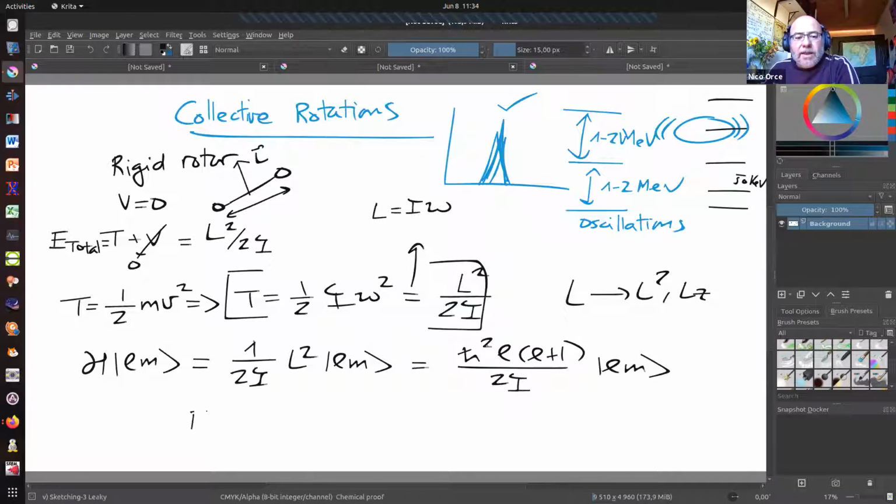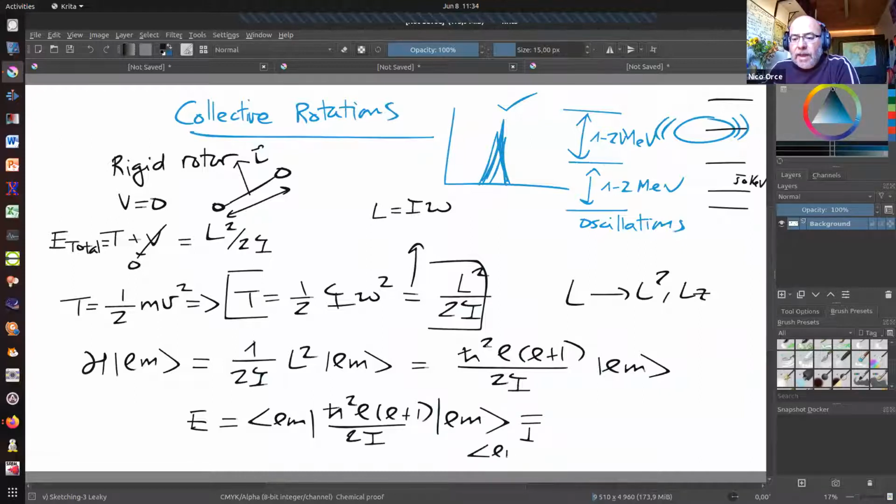So the energies will be <L m| h bar squared L(L plus 1) over 2 times the moment of inertia |L m>. And because of the orthogonality property, <L m|L m> is equal to 1.